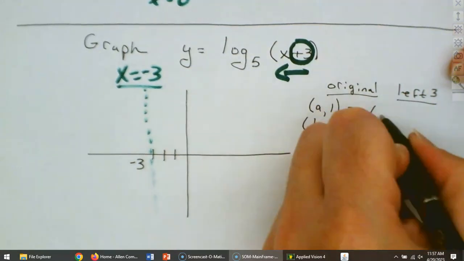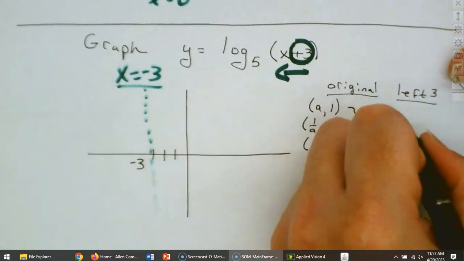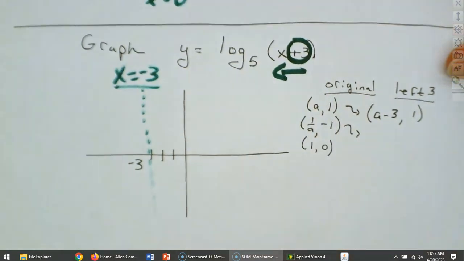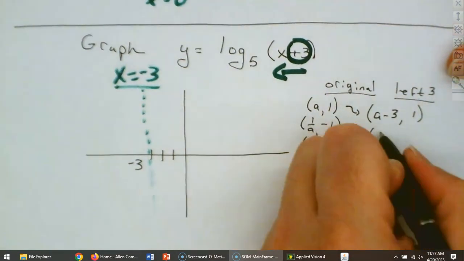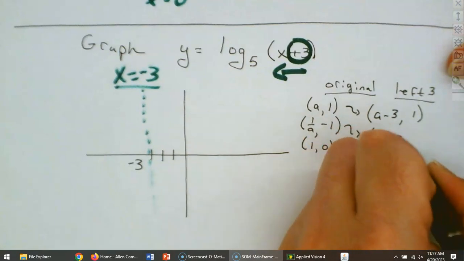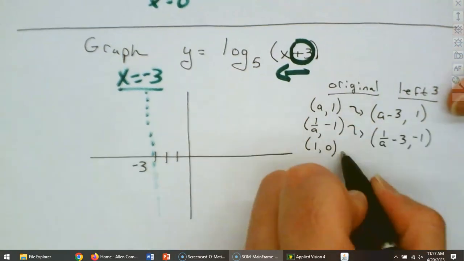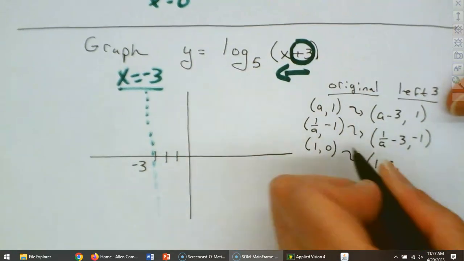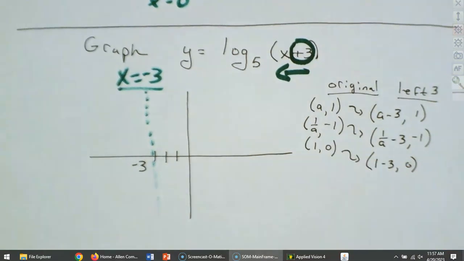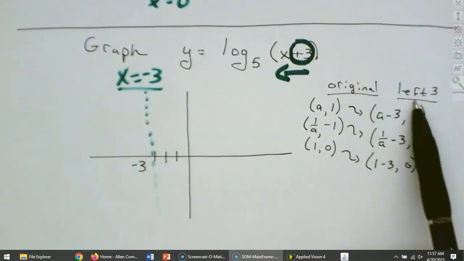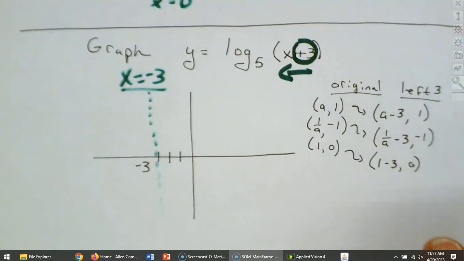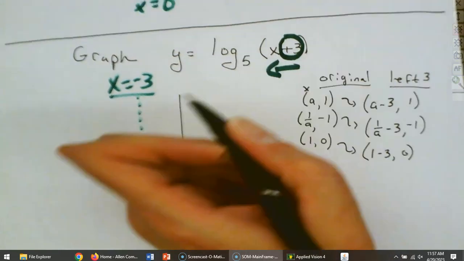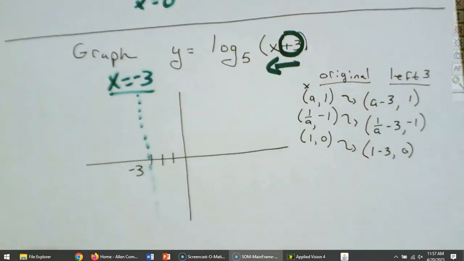Well, that makes this one a minus 3, comma 1. That makes this one now, moving it back 3, 1 over a minus 3, comma minus 1. And then this one now is at 1 minus that 3, comma 0. Okay, we didn't move it up or down. All we did was move it back to the left 3 units. That comes off of the x, because we're sliding it back 3 units.